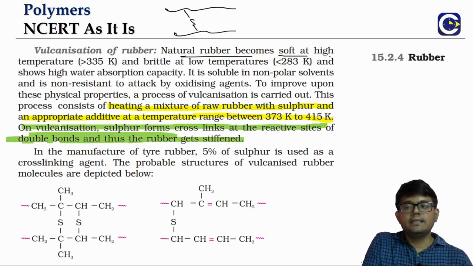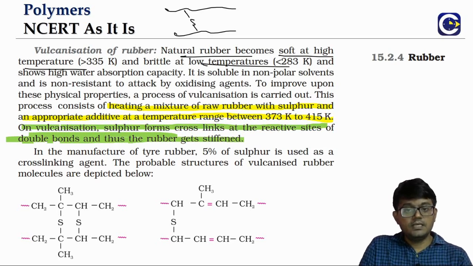Natural rubber becomes soft when you heat it above 335 Kelvin, and becomes brittle. It will easily break down at a temperature less than 283. That means the range of operation of temperature is very limited. You go below 283, it becomes brittle and breaks down easily.